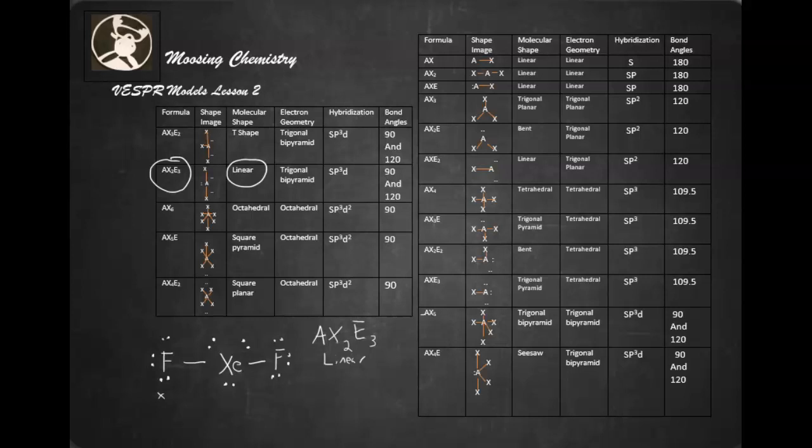Now, we're going to look at the hybrid orbitals for Xenon and the hybrid orbitals for Fluorine. Now, let's do the hybridization for Xenon first. Remember that a lone pair, like 2 dots, or a dash, which is called a sigma bond, they count towards hybrid orbitals.